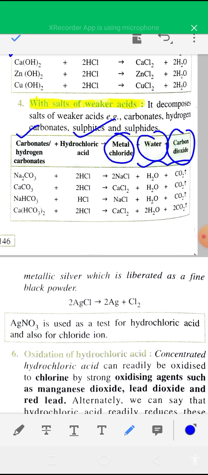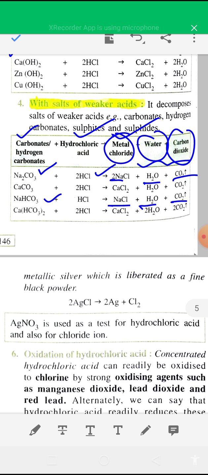Water and carbon dioxide are common in all cases, and formula of metal chloride will be different for different metal carbonate and bicarbonate salt. For example, when sodium carbonate is treated with HCl, Na2CO3 plus 2HCl gives 2NaCl salt plus water, H2O, plus carbon dioxide CO2. Similarly, when sodium bicarbonate is treated with HCl, you will get NaCl plus water plus carbon dioxide.